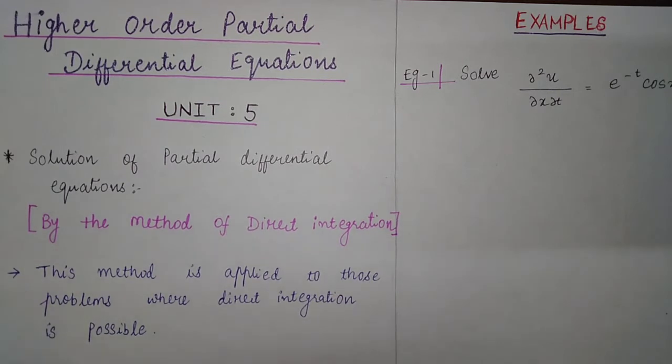Both unit 4 and unit 5 are based on partial differential equations, whereas units 1, 2 and 3 were about complex variables. Now these two units are about partial differential equations.